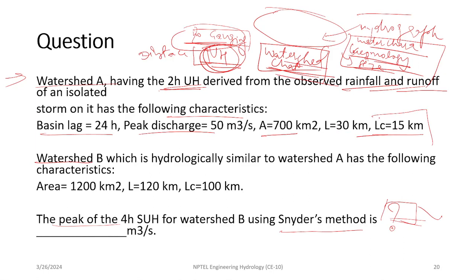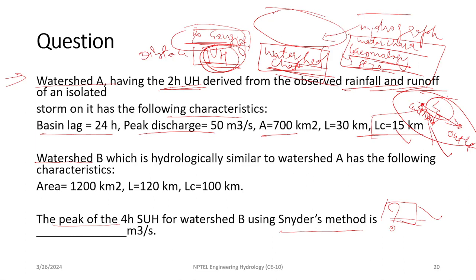If you have an outlet and you also have the centroid of this catchment, taking the distance between the outlet and the centroid gives LC. So you also have this.